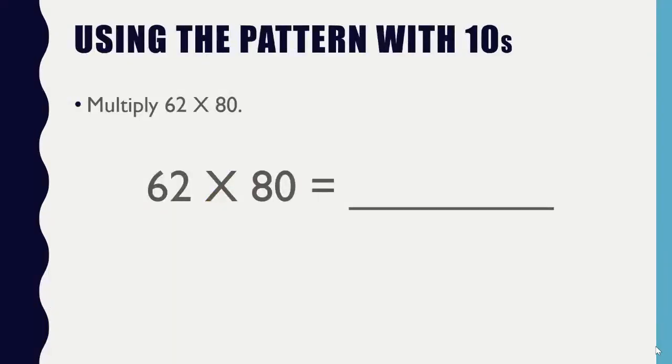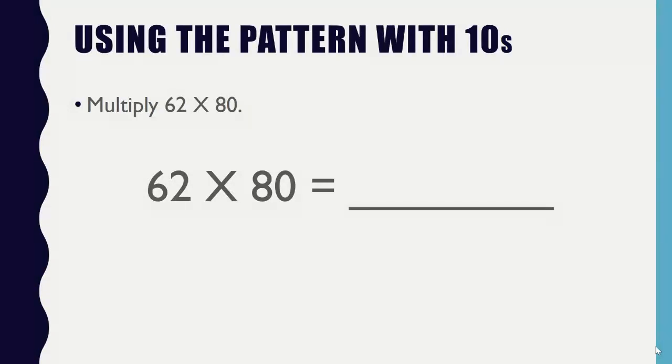Let's take a look. If we were asked to multiply 62 times 80, before we jump in to just do our multiplication, we might want to pause and say to ourselves, are either of the numbers a multiple of 10, or 100, or 1,000? Well, 80 is a multiple of 10, and since it's a multiple of 10, we can actually break it apart.